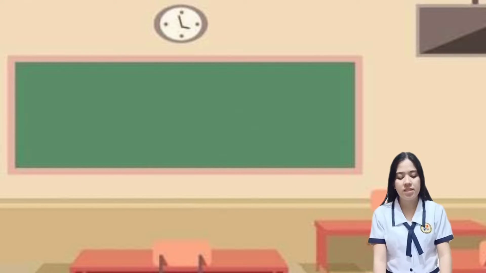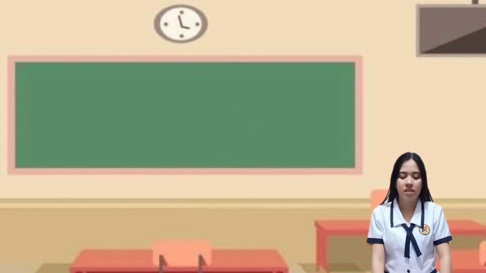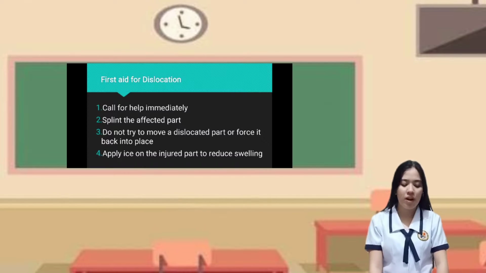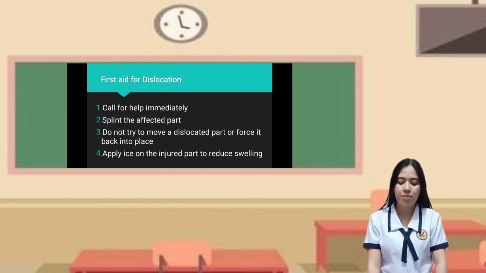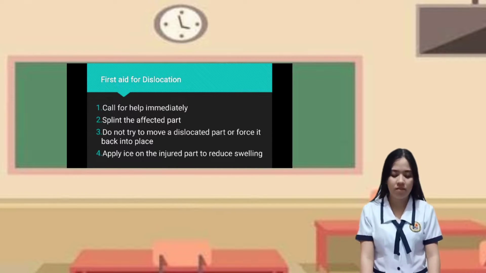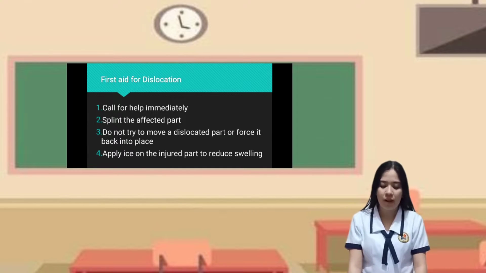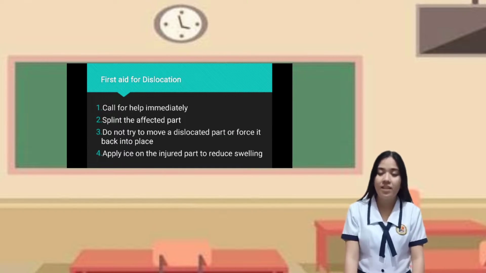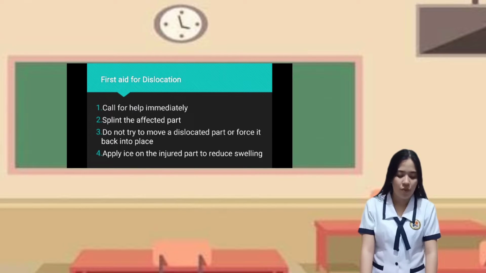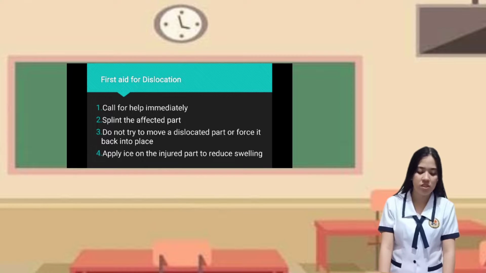This is the first aid for dislocation. Number 1, call for help immediately. 2, splint the affected part. 3, do not try to move a dislocated part or force it back into place. 4, apply ice on the injured part to reduce swelling.